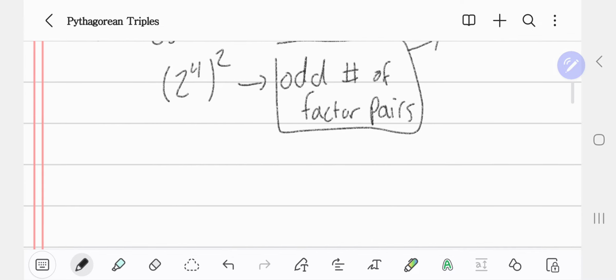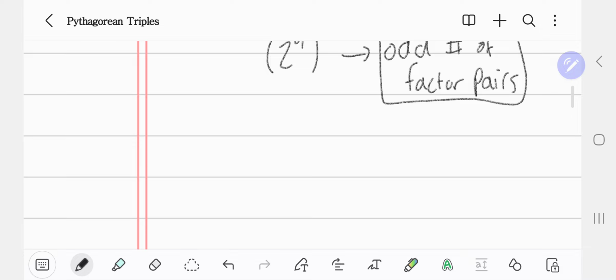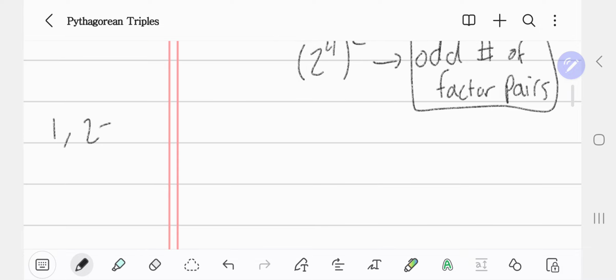First things first, one of the factor pairs is obviously 1 and 256. We can't use that, that's the trivial situation.